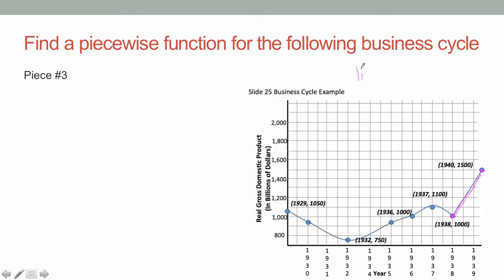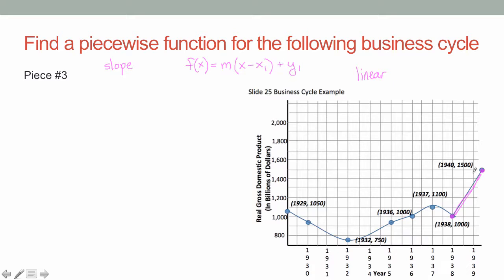This is going to be a linear function. So linear function means we need to figure out the slope. And then for a linear function, we can write it in point slope form. It equals your slope m times x minus x1 plus y1. x1 and y1 are just a point that it goes through.